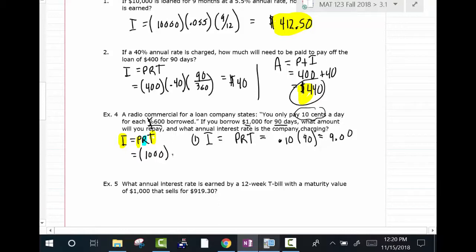We know that. The interest rate is R. We know that. Then we have the 90 days, and you would have to do that over 360. So you've got your principal, your rate, and your time, and you have $9 on that.